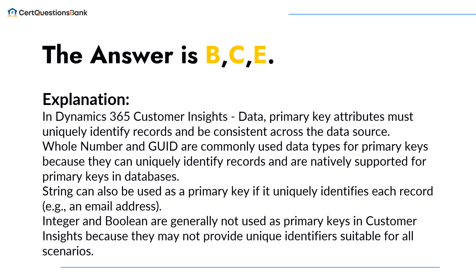String can also be used as a primary key if it uniquely identifies each record, e.g., an email address. Integer and Boolean are generally not used as primary keys in Customer Insights because they may not provide unique identifiers suitable for all scenarios.